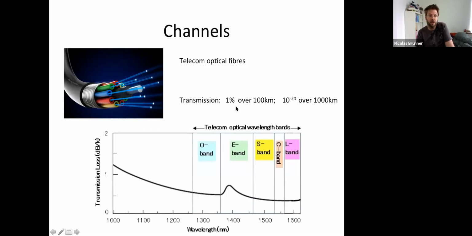So in a sense, it's really outstanding, right? I didn't put the formula here, but essentially the probability of transmission is a negative exponential in terms of the distance, right? So the transmission decreases exponentially, okay?